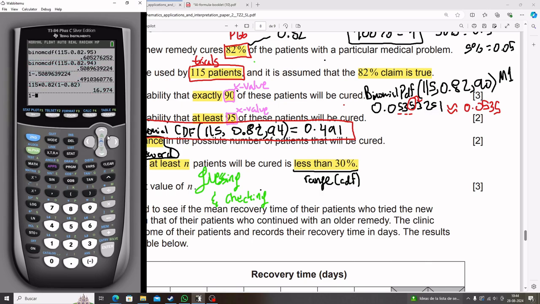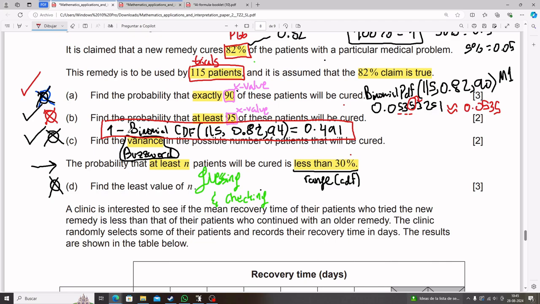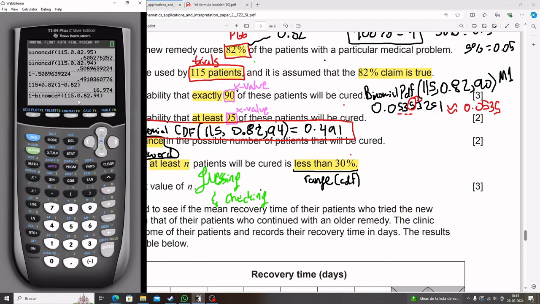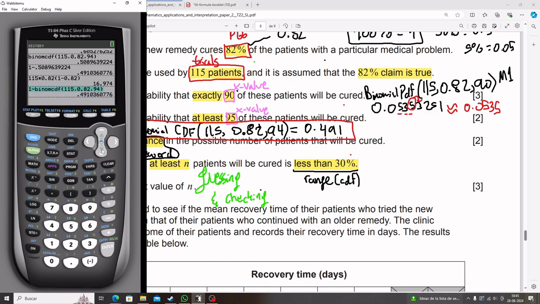If we do 1 minus this binomial CDF, we established from part B that technically this is giving you at least 95, so one above this x value, because CDF reads from left to right. So this is for curing at least 95, and we got a percentage of around 49. But if you go ahead and increase 94 to 95, you end up with 39%.